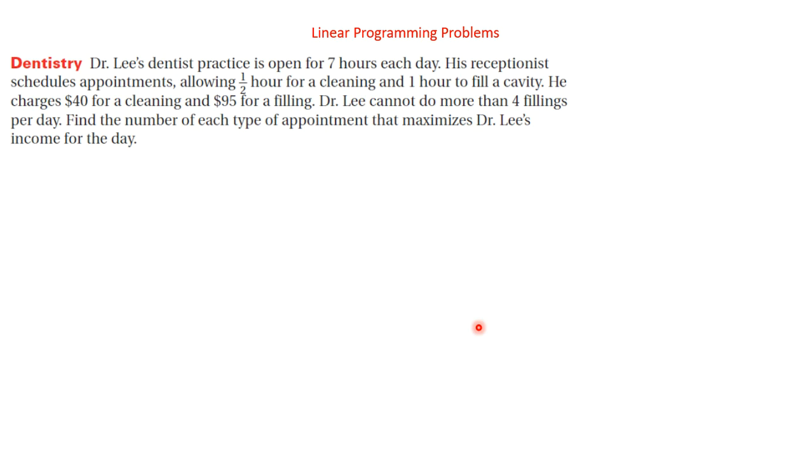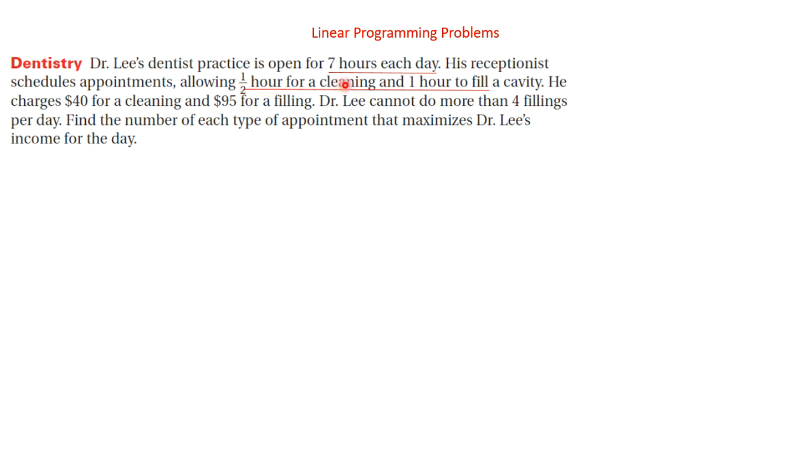And so we have a lot of information here. Let's pick out some information and start making some inequalities. First piece of information people generally pick out: 7 hours each day and half an hour for cleaning, 1 hour for filling. And so we have time that we're looking at here. We can make a time inequality.